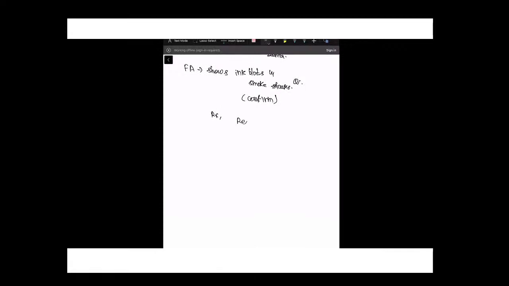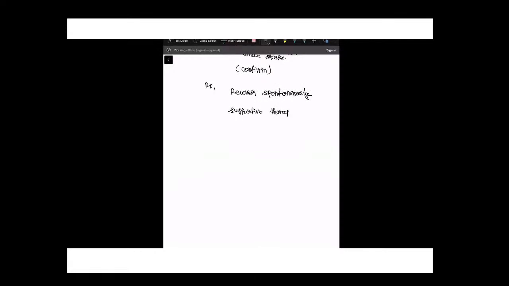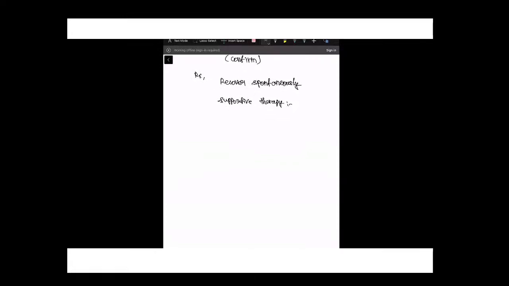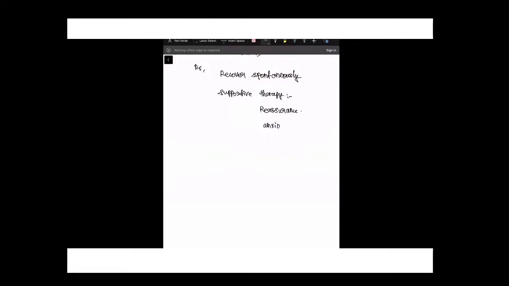The treatment is that usually they recover spontaneously, with supportive therapy, reassurance, anxiolytics, or a placebo.